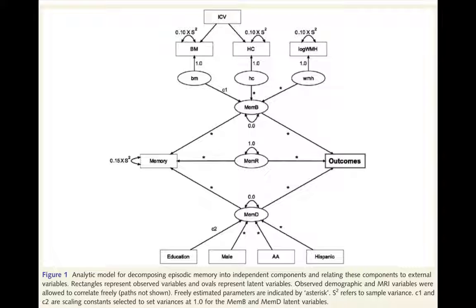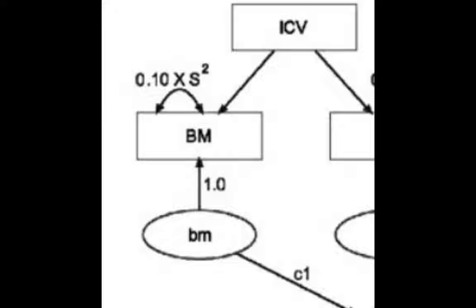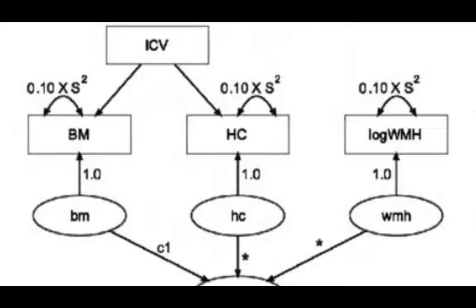Here we're regressing the observed brain matter variable on intracranial volume, and we're creating a latent BM, small bm, variable that captures that residual. We're doing the same thing with hippocampal volume. And for log white matter hyperintensity volume, we're not residualizing that for intracranial volume.